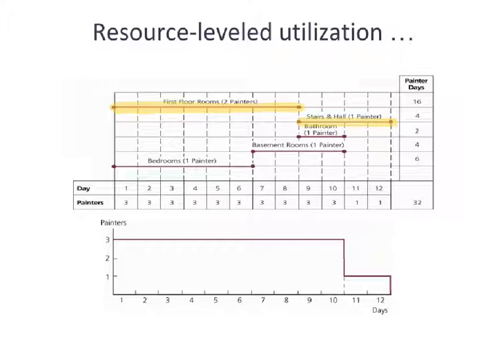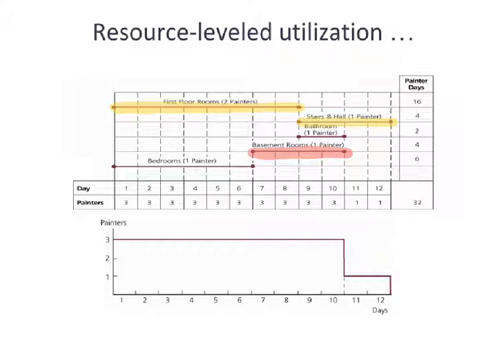Now, the item that had the greatest positive slack was this one here. It had 8, if I recall correctly from the prior slide, a positive 8 in the area of positive slack. And what we're going to do is we're going to shift it. Since it does have such a large positive slack, we can shift it by 6 days in order to make it begin after completion of the bedrooms, and we are still not into negative slack.